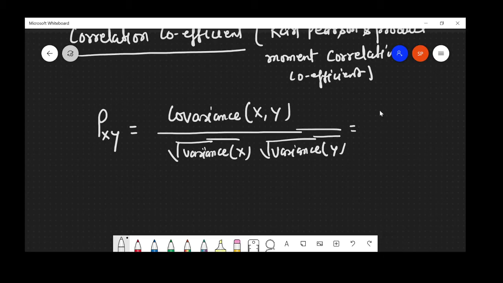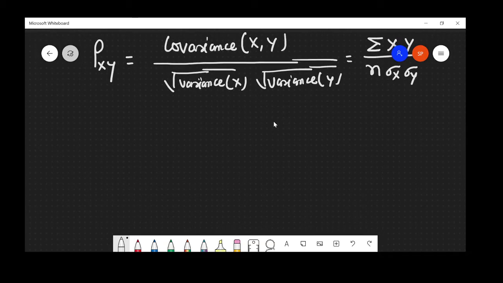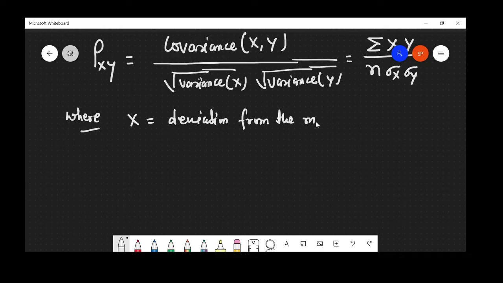Now another way we can write it is the summation of xy divided by n sigma x into sigma y, where capital X is the deviation from the mean, small x equal to x minus x bar, and capital Y is the deviation from the mean, y equal to y minus y bar.